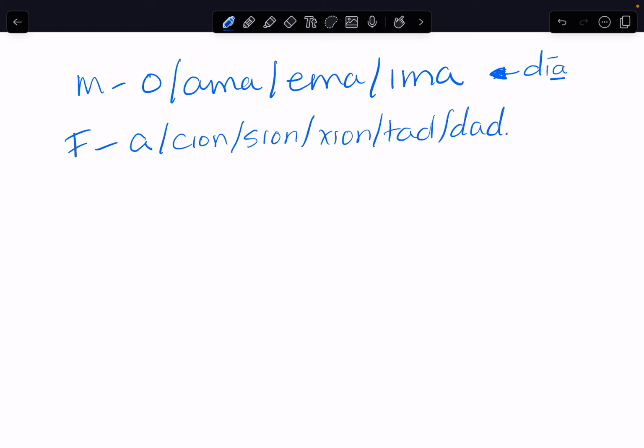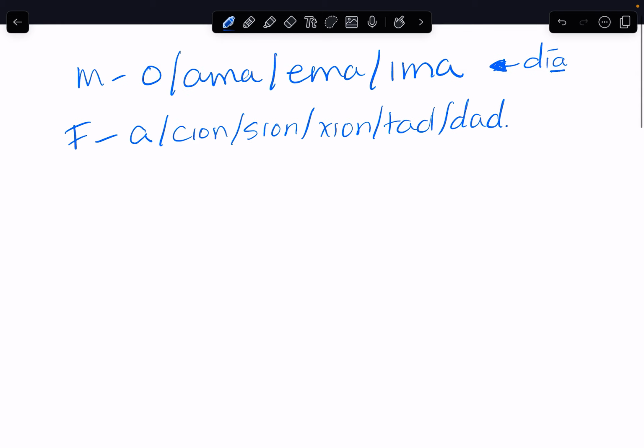So you have masculine and feminine. Okay, so then you have definite and indefinite articles. So your definite articles are masculine, feminine, singular, and plural, right?